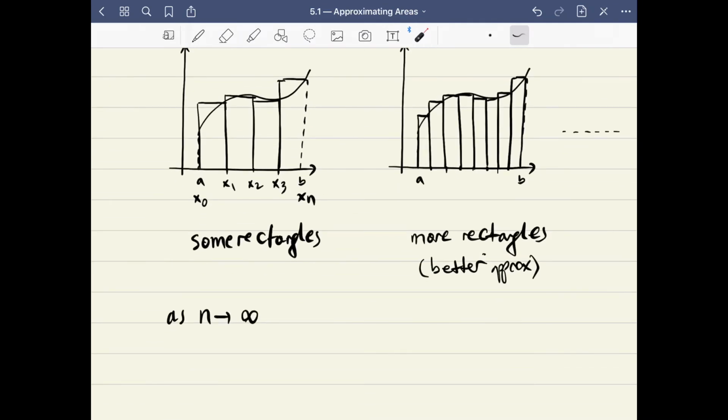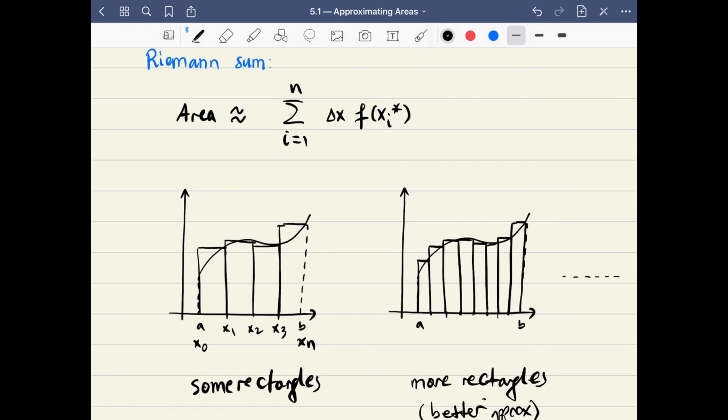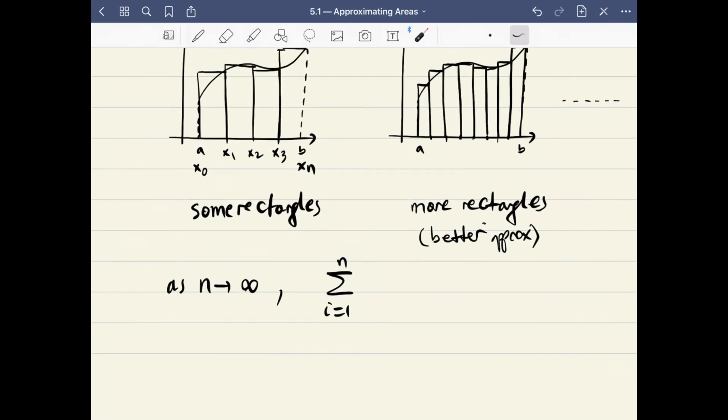So the Riemann sum, from i equals 1 to n, I'd like to switch the order of delta x and put it back here, because that's what people use the most. So f of xi star delta x, this approaches the actual area. Okay, and this is going to be important in this class.